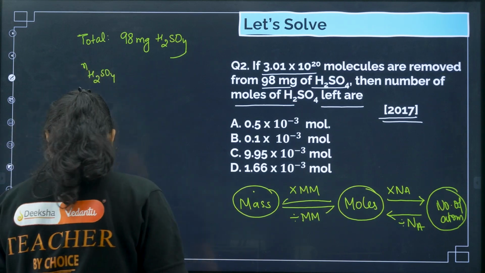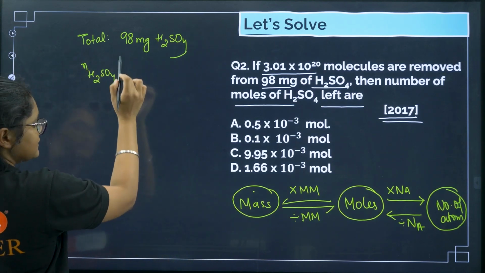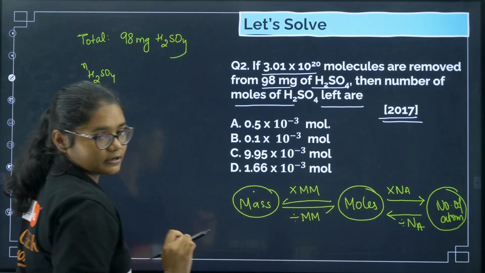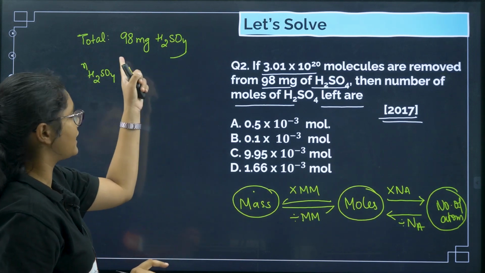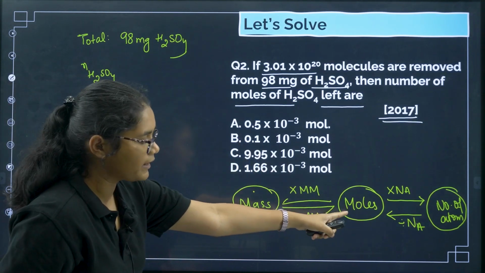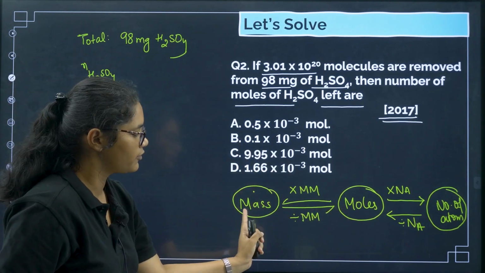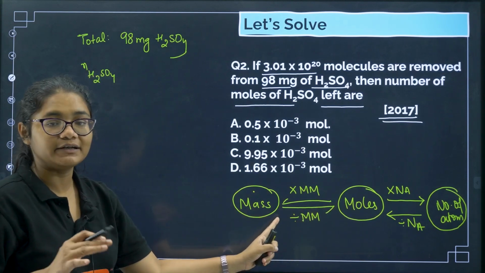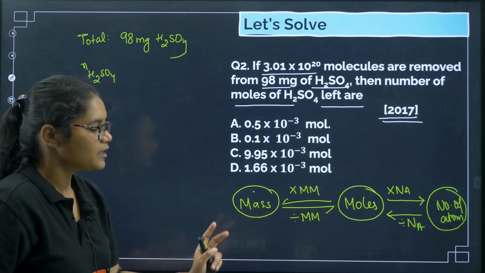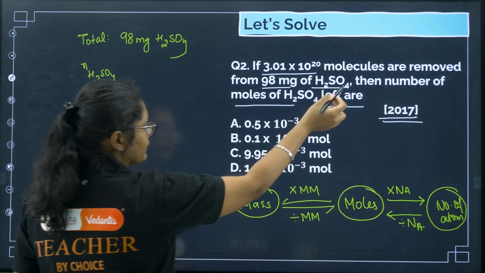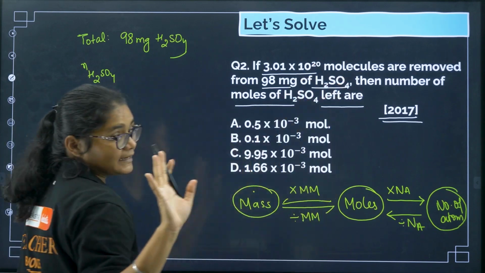Now mass is given to me, 98 milligram, and I want to calculate number of moles. Then from mass to moles, I will divide by the molar mass. The molar mass of H2SO4 is 98 grams.